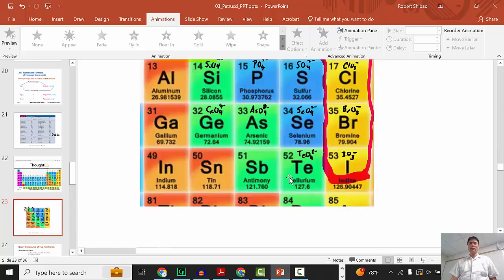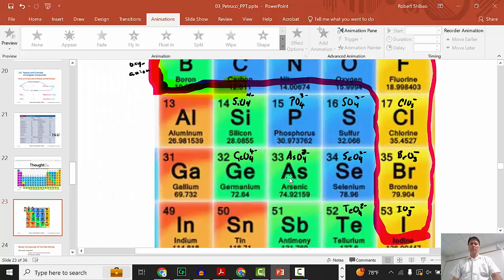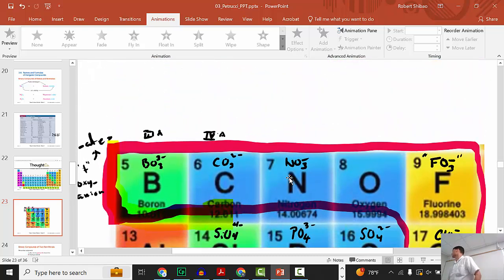Okay, so let's go back to carbonate and take a look at the oxidation state here. So what we do is normally, we'll do group 1, group 2, oxygen, hydrogen. Actually, we do hydrogen before oxygen. So I do group 1, group 2. Well, there's no group 1, group 2.